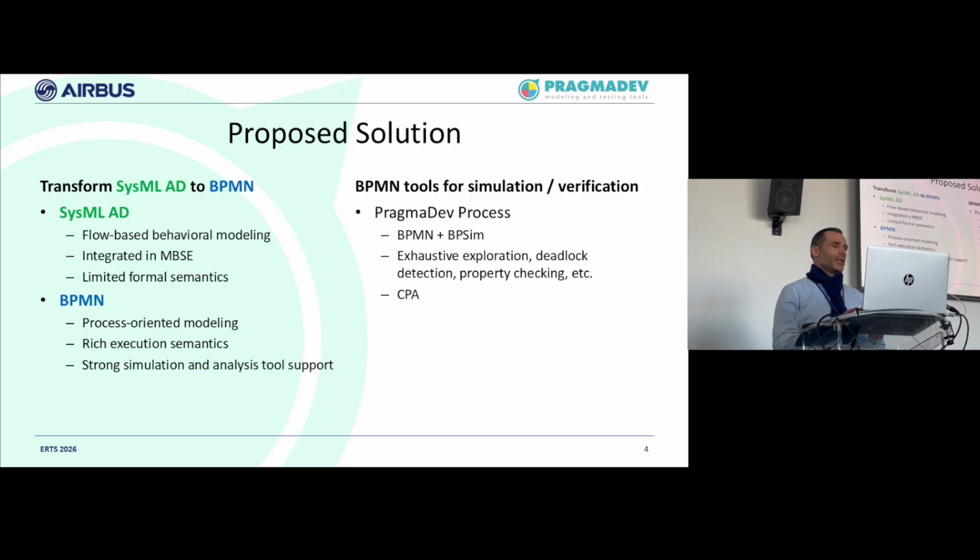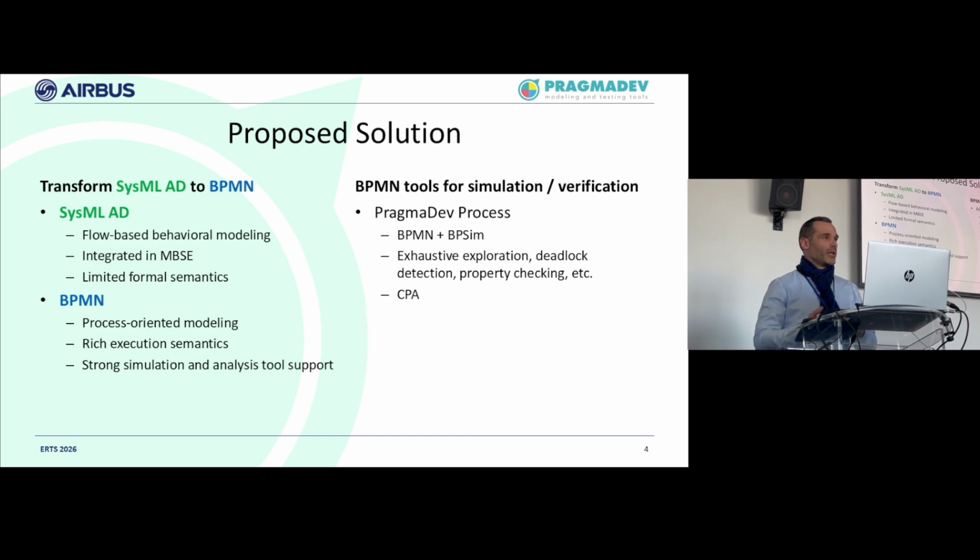So basically what we tried to do is to go from the activity diagrams described in SysML and obtain a BPMN model that we can then simulate, execute and check.